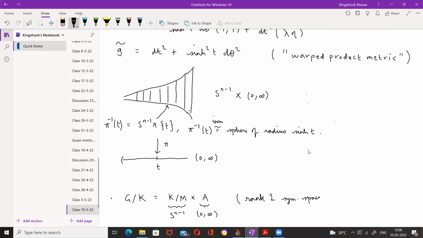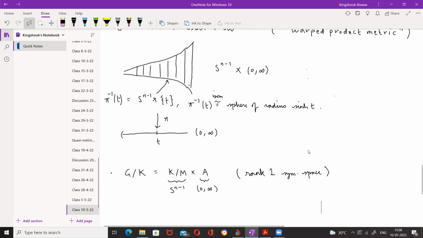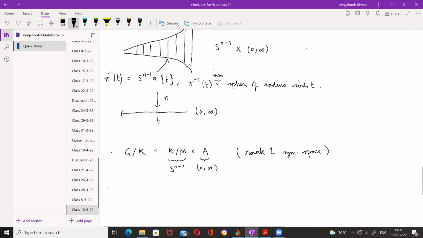See, this polar decomposition works for any Hadamard manifold.